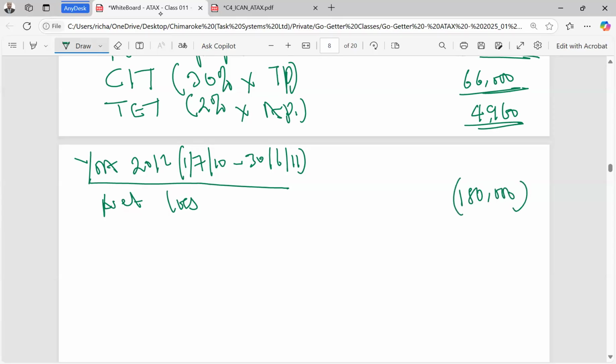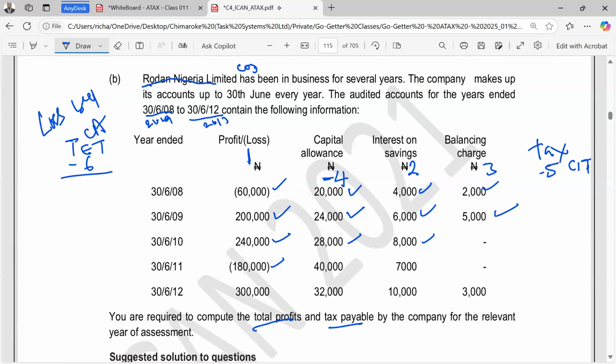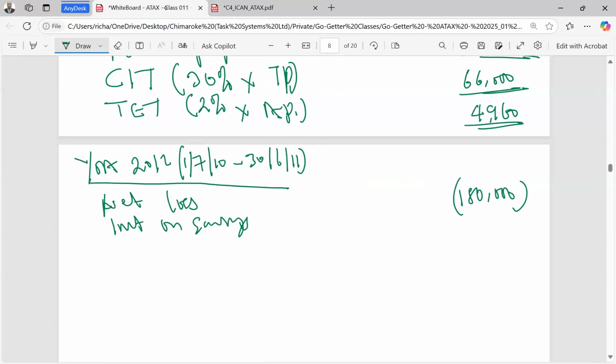All right. So the next thing now is interest on savings. How much is that? We have 7,000. There's no balancing charge. So this is like saying this is 173,000.